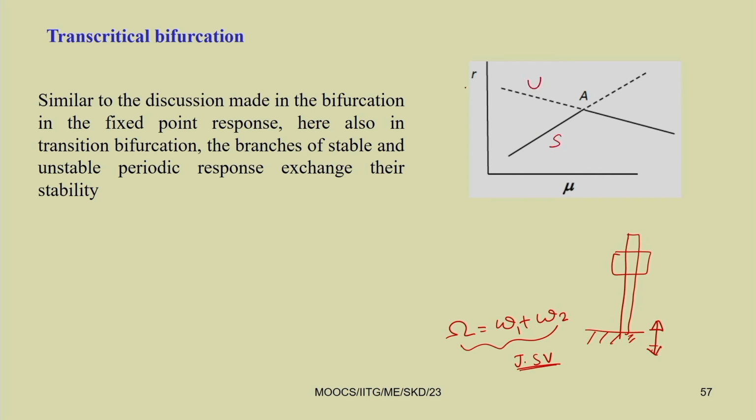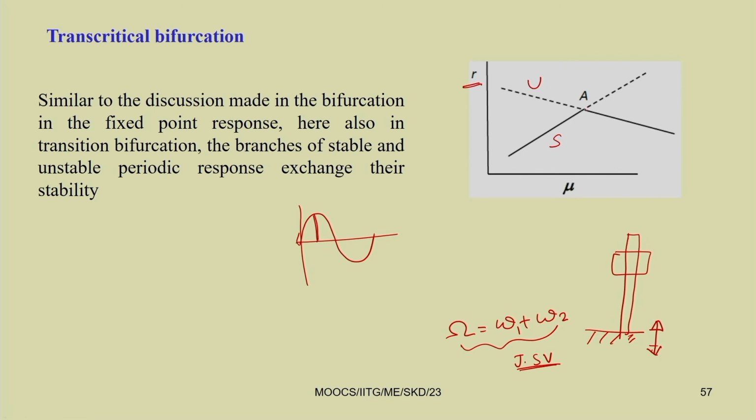We are plotting only the amplitude, so do not get confused: R represents the amplitude of the response, and mu is the critical system parameter that we are changing.